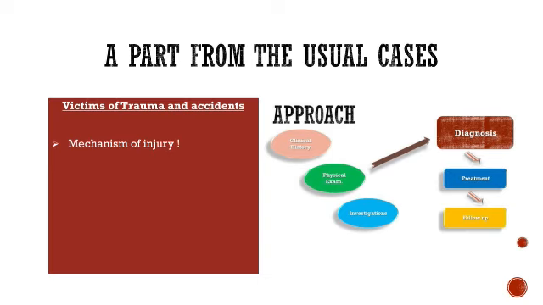For car accidents, you have to be sure about the mechanism of injury, whether it is a road traffic accident, whether the patient is a pedestrian walking in the road and some car hit him or her, or the patient himself is the driver, or he is a passenger in that car, and where the patient is sitting.